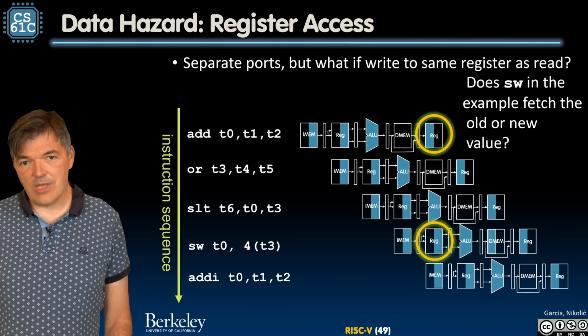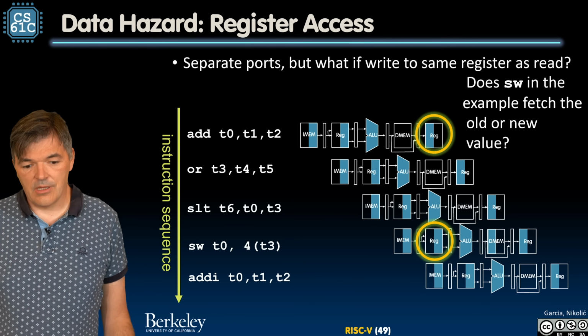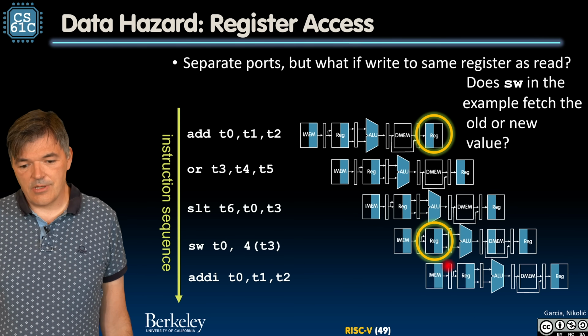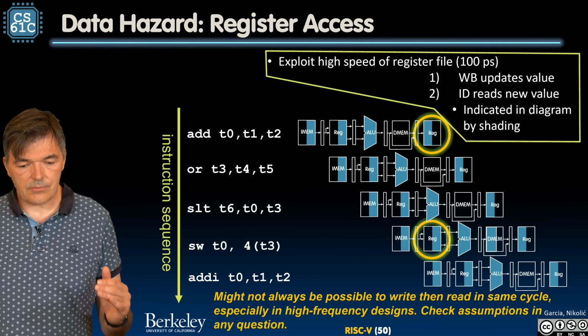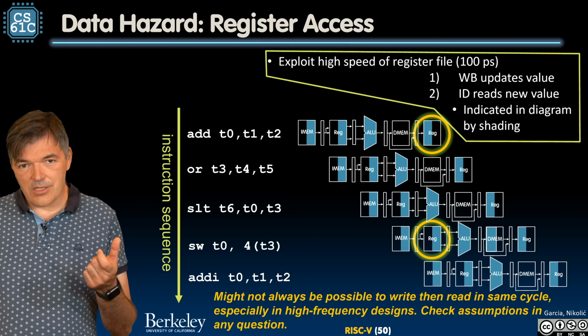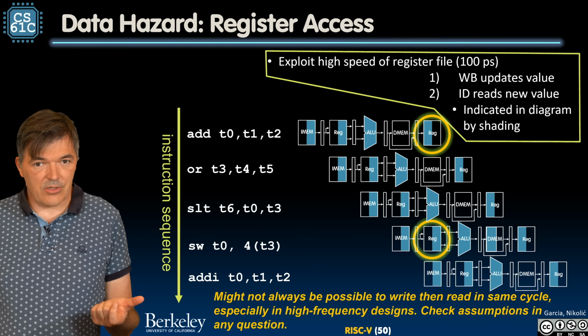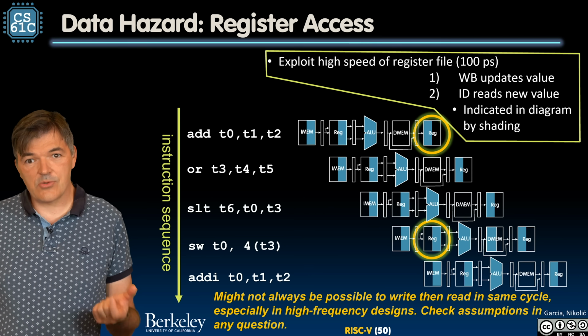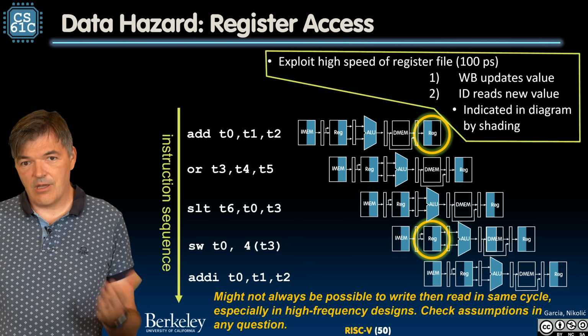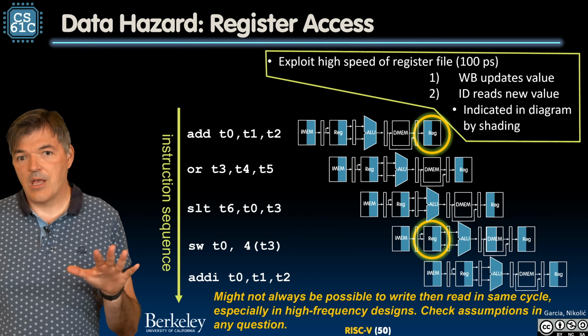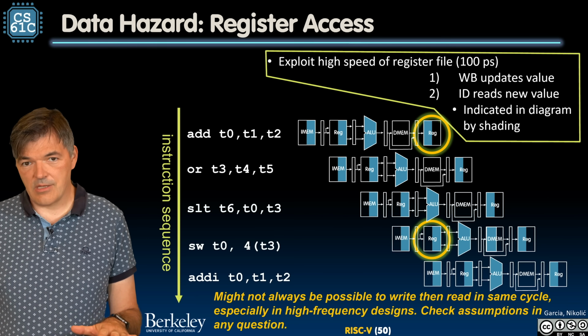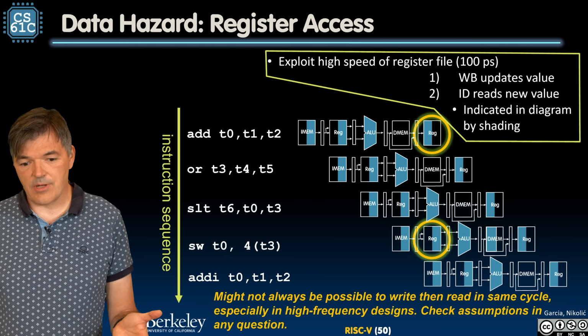Then in the remaining 100 picoseconds of a 200 picosecond clock cycle, store word is going to read T0 out of the register file. So this is very much dependent on the circuit and logic implementation of a register file that needs to support writing and reading in the same cycle. That avoids this data hazard that happens during the register update.